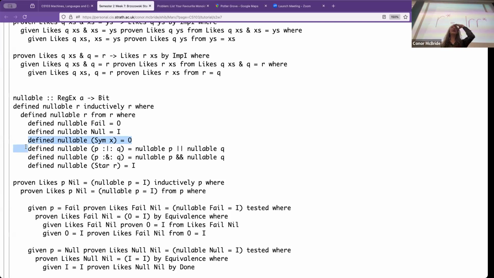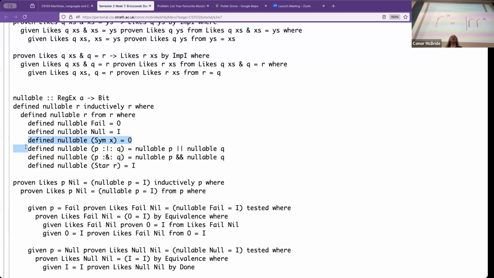So it's a funny kind of thing here, because what we're basically saying is replace all of the symbols by false, and evaluate the regular expression as if it's a Boolean formula. That's what's going on here.